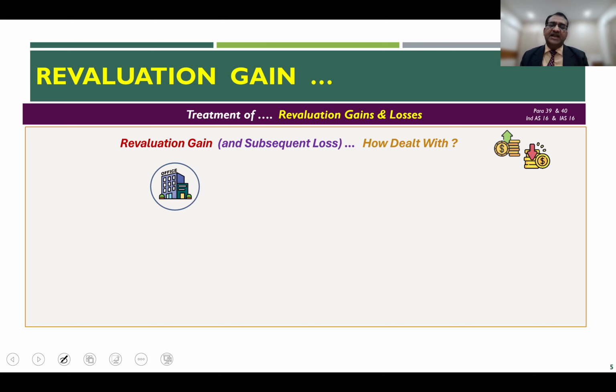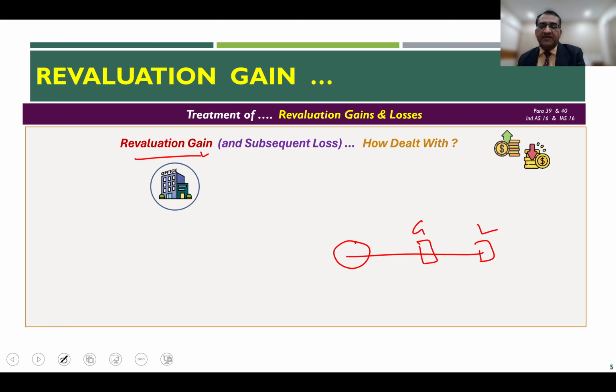Now we are looking at the first scenario where, let's say, an asset is initially recorded at some amount, and then at some reporting period, first there is a revaluation gain, followed by a revaluation loss at a later point in time. In the next slide, we will look at the reverse case, wherein there will be a revaluation loss to begin with, and then a revaluation gain.